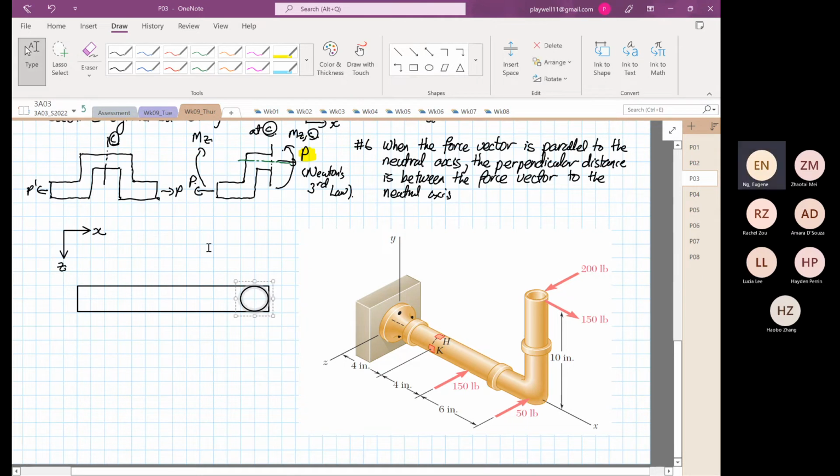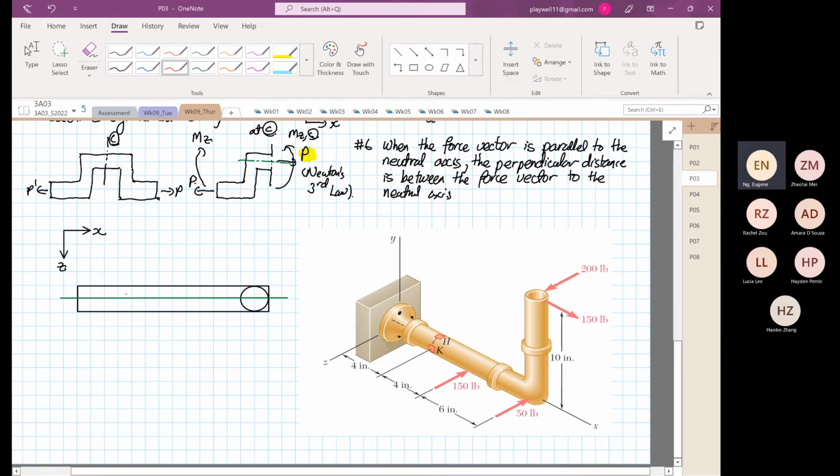Then I'm going to sketch the position of the neutral axis, and then sketch our elements.